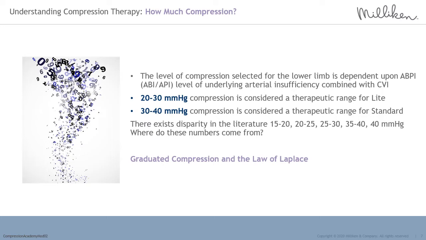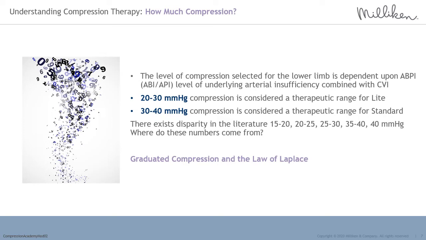An ankle brachial pressure index, also known as an ankle brachial index, is the most commonly used assessment tool to determine arterial insufficiency status. Module 1 of this educational series contains in-depth information on ankle brachial pressure index assessment and other assessment tools used to determine arterial insufficiency status. For the purpose of this educational module, we will use the terminology I for ankle brachial pressure index.